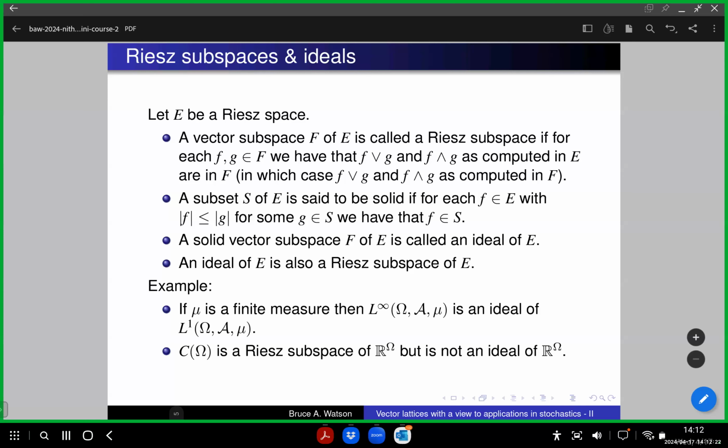There's a consistency between our lattice operations in the large Riesz space and the subspace. And if the vector space has this property, it is called a Riesz subspace.